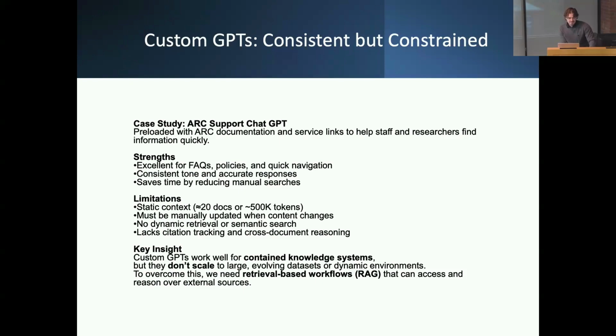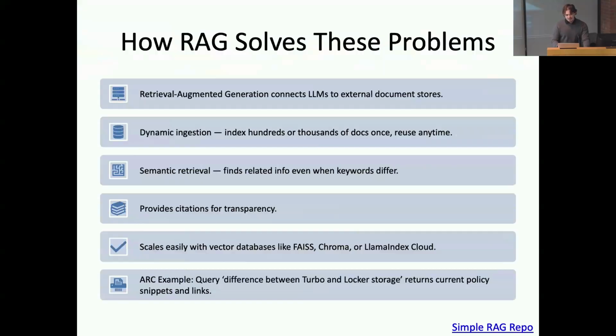There's some strengths, but if we want something more expansive, we need to look at other techniques. This is where you'll probably need either a new system to come out or someone with a little bit of development skills to start helping you. And that's where RAG comes along.